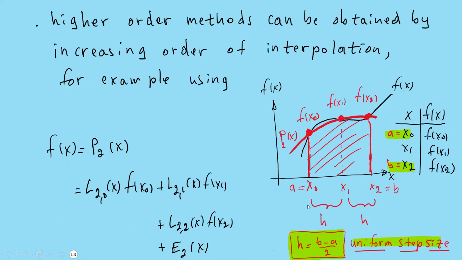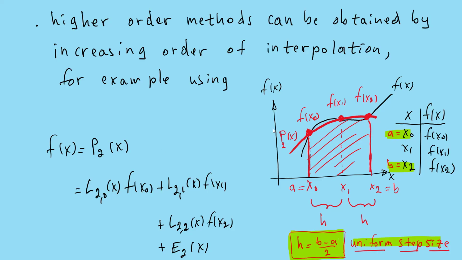We can use higher order methods to get a better answer. One example is the Simpson method, which is based on the quadratic Lagrange interpolation. As you saw in the previous slides, in the trapezoid method we use a straight line to connect the 2 points and approximate the area under the curve.